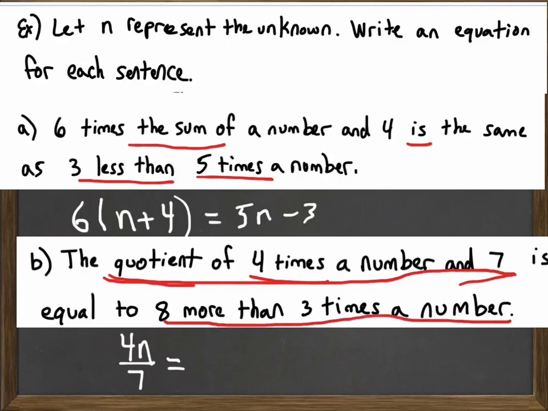Okay? So more than, remember, that means add. 3 times the number would be 3 times n. So 3n, and it's 8 more than that, so plus 8.